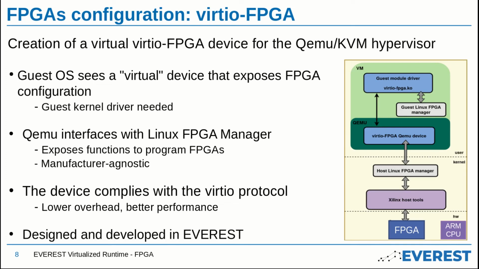For the manufacturer specifics, these are hidden in a lower level driver, which in our use case will be the ZynqMP FPGA Manager. The virtio-FPGA solution conforms to the VirtIO protocol, which achieves low overhead in the overall communication.